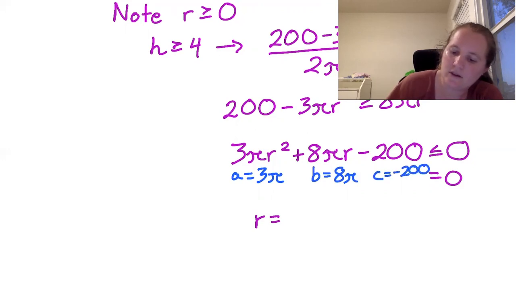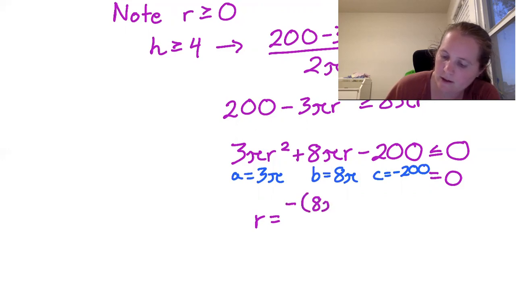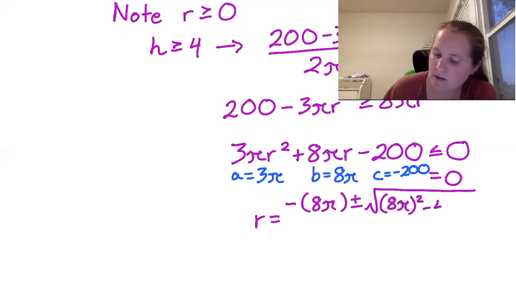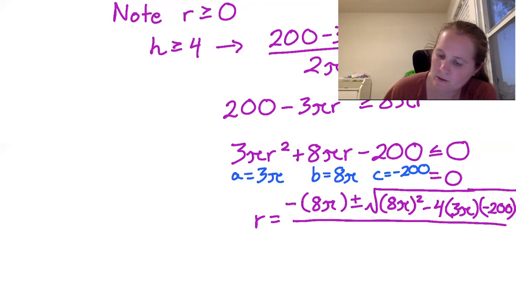So we have R is equal to negative B, so negative 8 pi, plus or minus the square root of B squared, 8 pi squared, minus 4AC, so minus 4 times 3 pi times negative 200, all over 2a, so all over 2 times 3 pi.